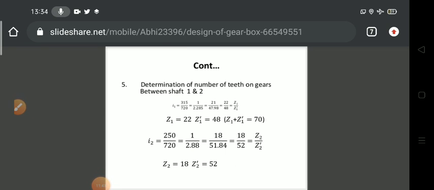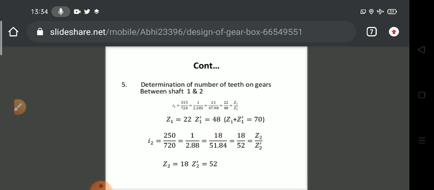Next, determination of the number of teeth on the gears. How can we find the number of teeth? In our example, our main objective is to find the number of teeth on all the gears. So between shaft 1 and 2, 315 divided by 720 is equal to 1 divided by 2.285, right?